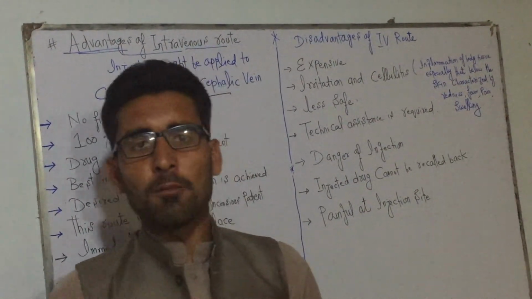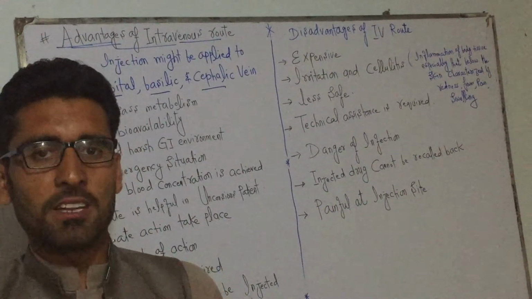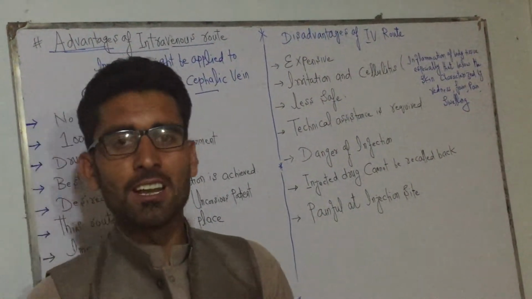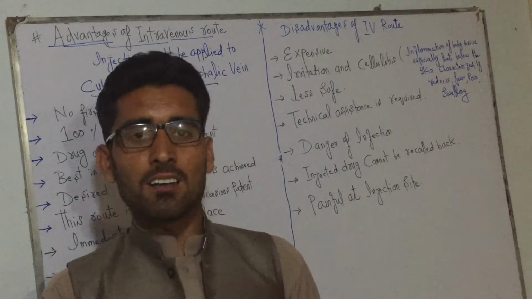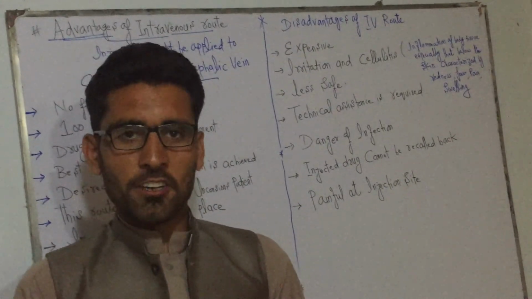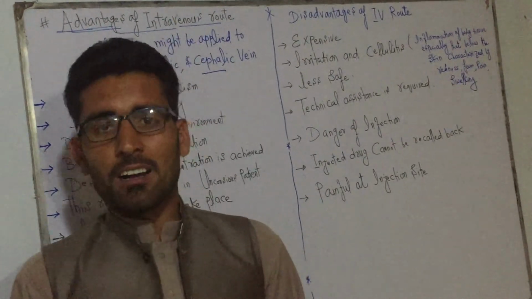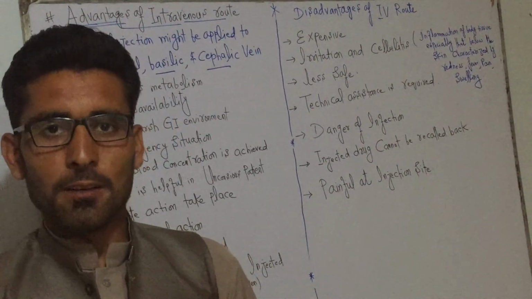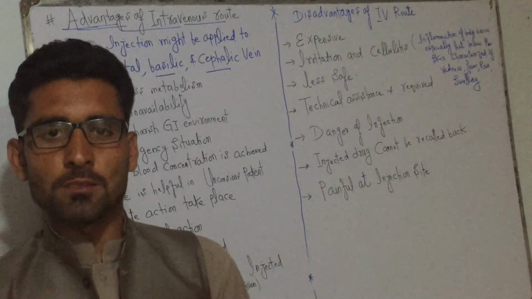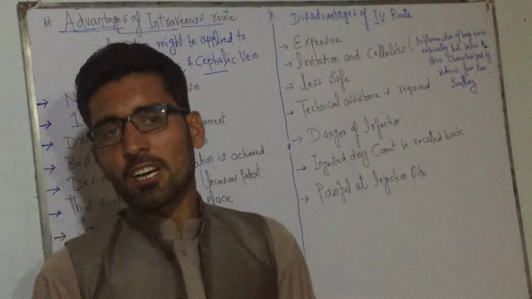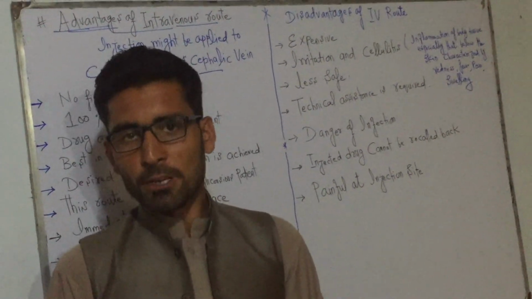Or if there is infection or contamination in the vial, or impurity at the needle or disposable syringe, there is a possibility that infection or germs will be transmitted to the host patient.